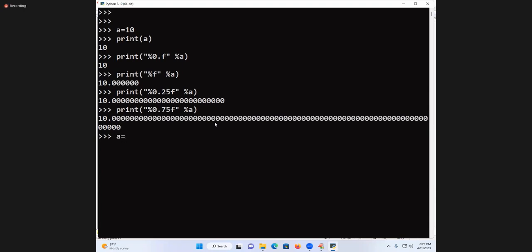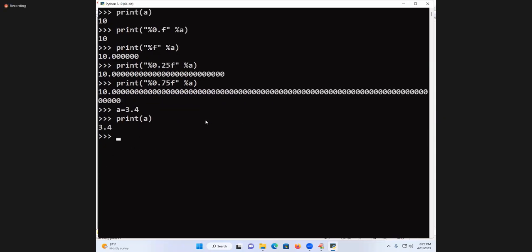Now A is equal to something like 3.4. When I print A, 3.4 is printed. Generally people will think 3.4 is 3.4 only. But in reality, 3.4 is not 3.4, my dear students. If there is a small problem in this projector, try to use the right side projector, because tomorrow I will rectify it. After the dot, I'm printing 25 decimals.